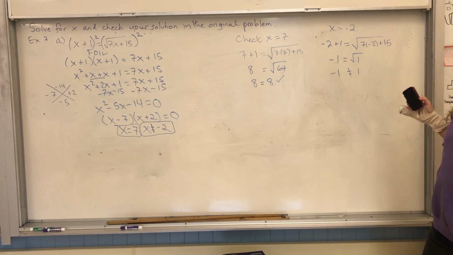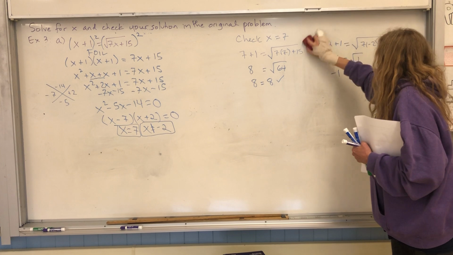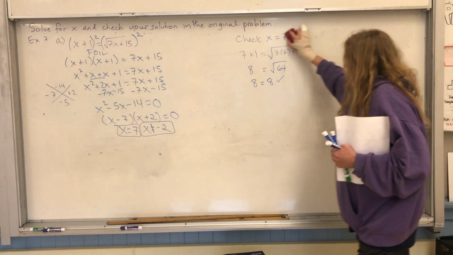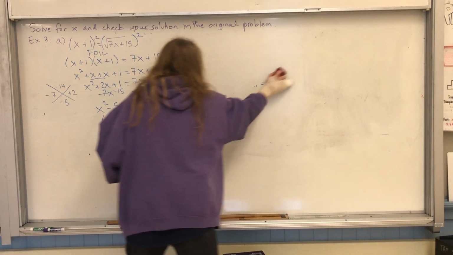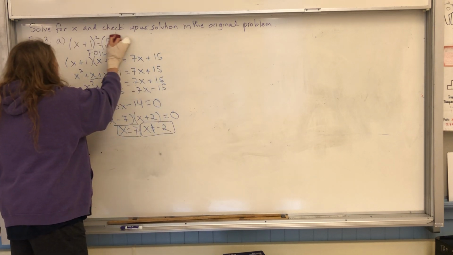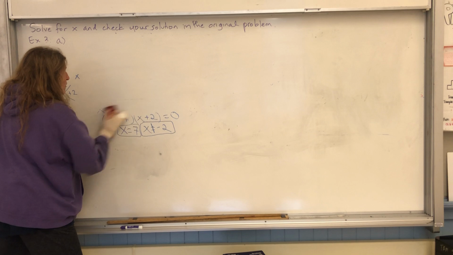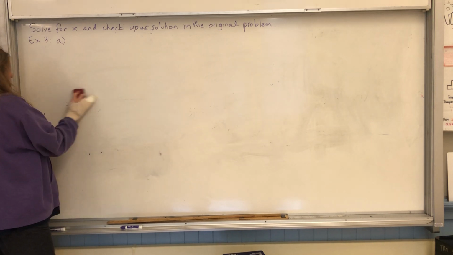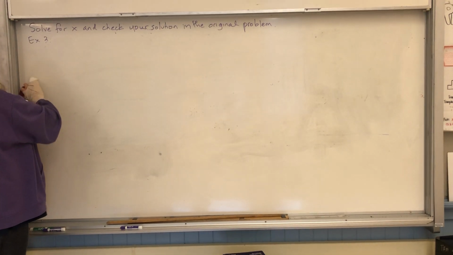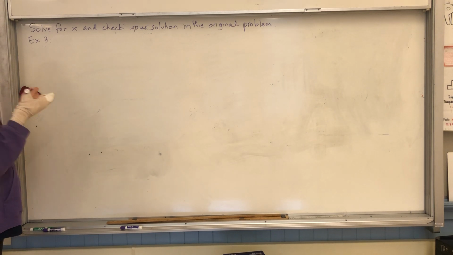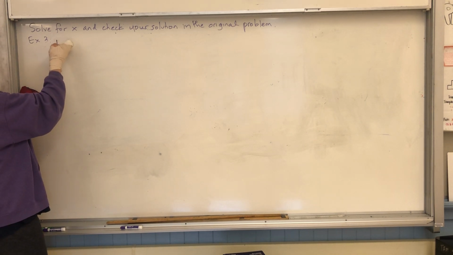Okay, guys, the next problem is definitely the hardest. And if you take a look at it, you'll see why. It's the hardest because there are two square roots, one on each side of the equation. So when I go to square both sides, I'm going to have myself a little bit of an algebraic challenge.